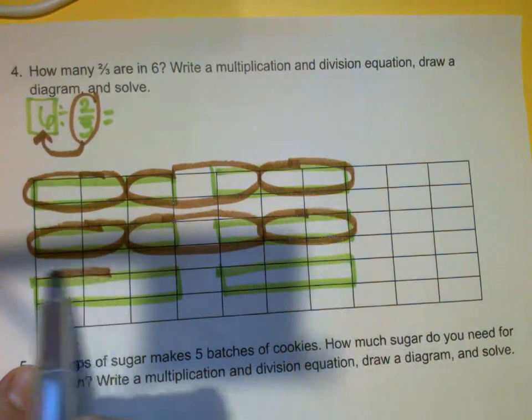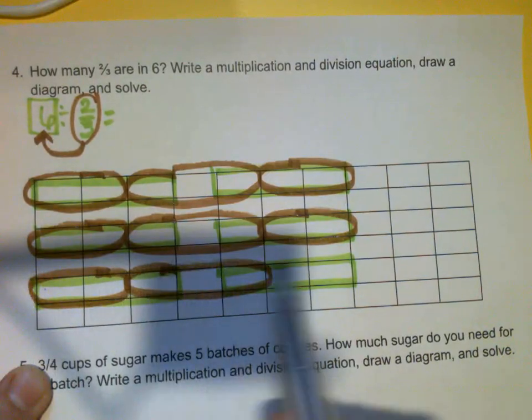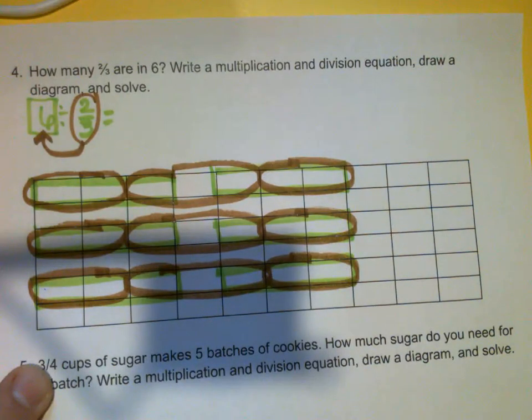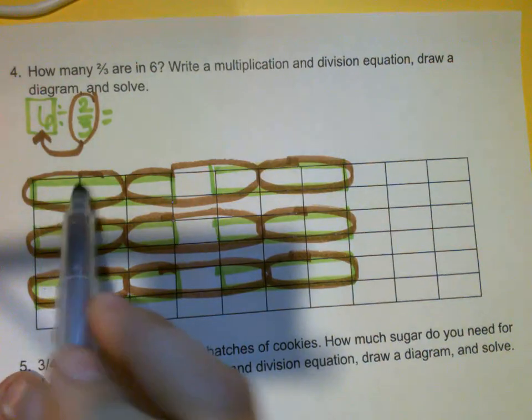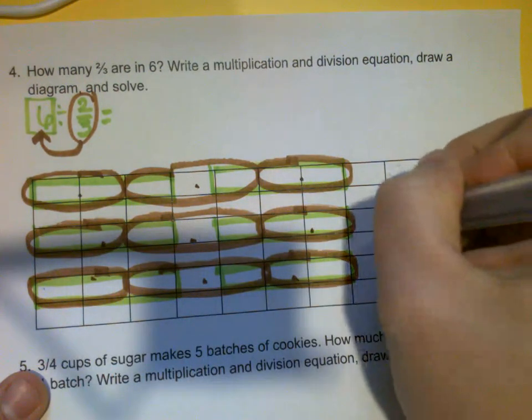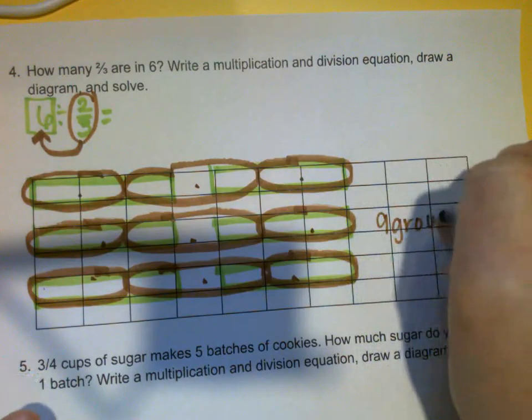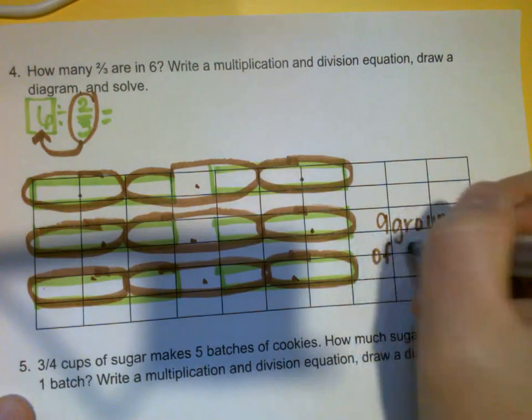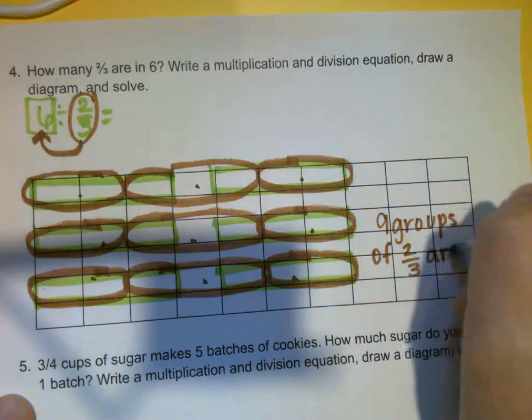I'll keep going until I've used up everything or I can't make any more. Oh, and it worked out perfectly. So we've got 1, 2, 3, 4, 5, 6, 7, 8, 9. 9 groups of 2/3 are in 6.